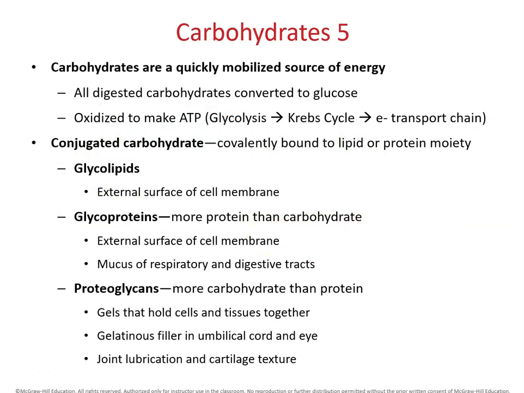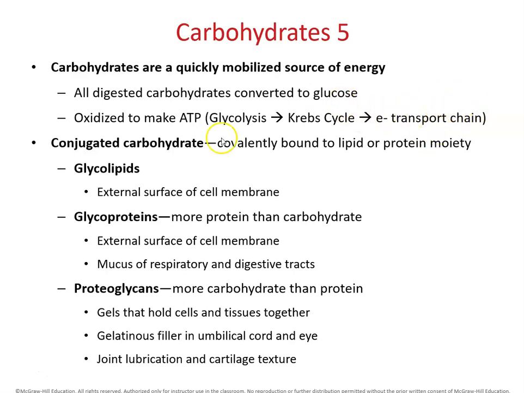So the whole idea of carbohydrates is we can get quick energy from them. Our bodies usually are very, very efficient at burning carbohydrates to get energy. The way it works is through a three-step thing. I hope you guys remember this from high school biology or an earlier biology class. First, we undergo glycolysis, and then the Krebs cycle, and then the electron transport chain.